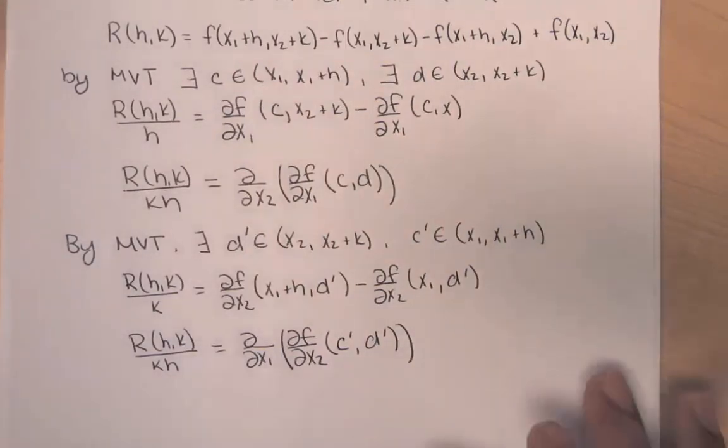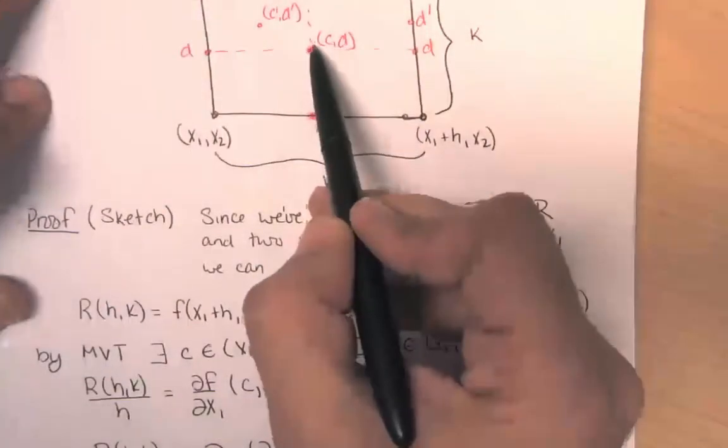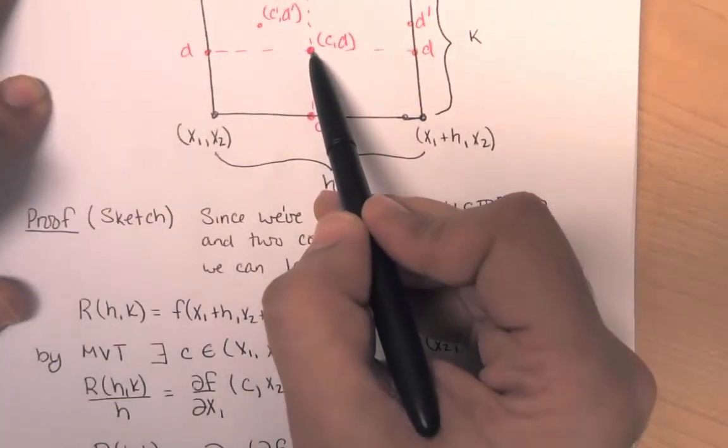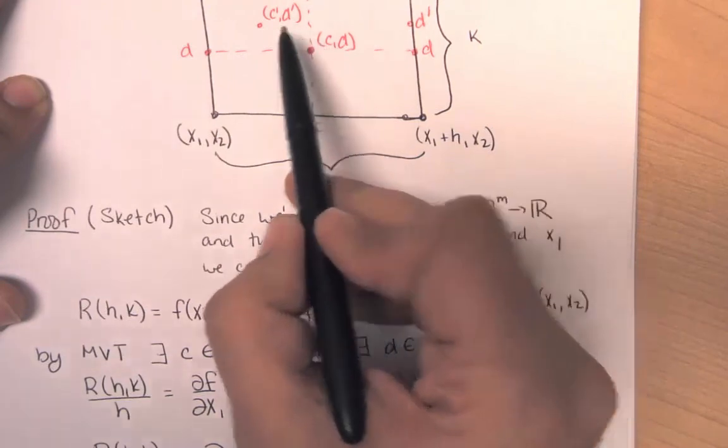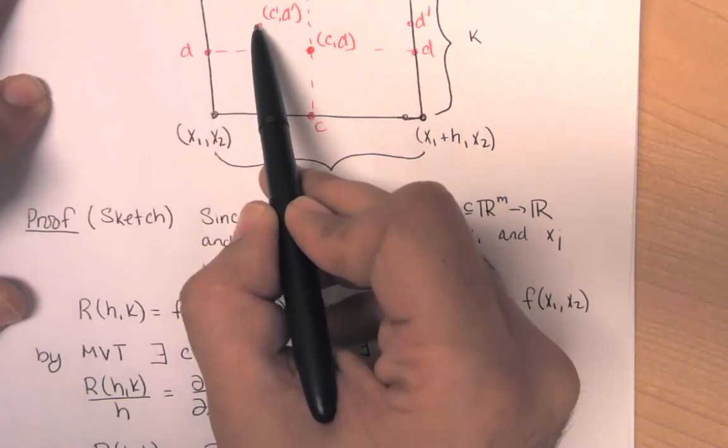So that means the derivative here with respect to x1 first and then x2 equals the derivative here with respect to x2 first and then with respect to x1.